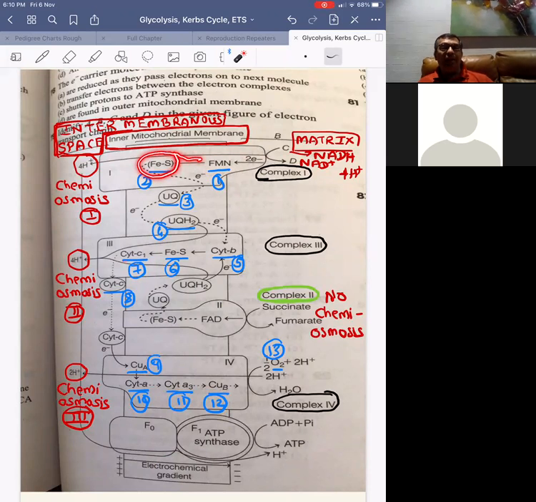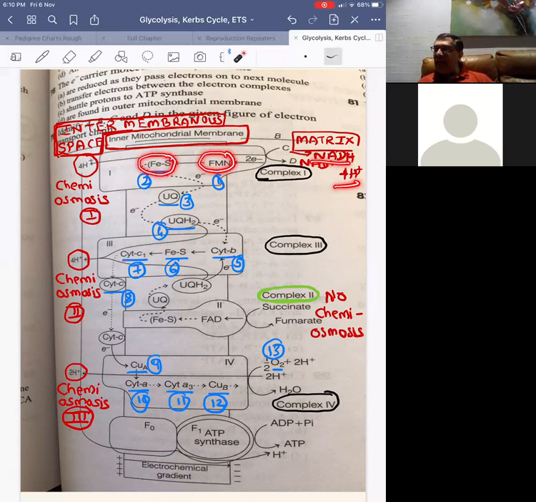Now this is the real thing. Last lecture भी बताया नहीं था मैंने. So where has hydrogen gone? Hydrogen has gone from NADH plus H plus to FMN, then to FES.